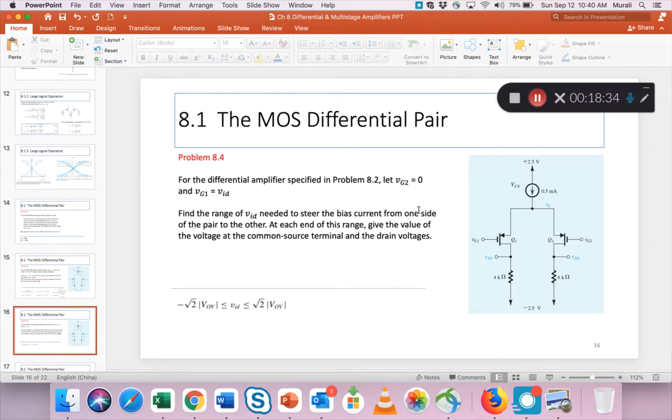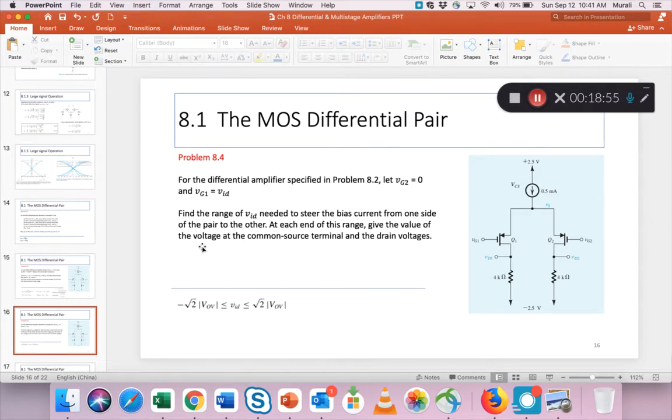A differential input voltage Vid is applied to Vg1. Then we are asked to find the range of Vid needed to steer the bias current from one side of the pair to the other.